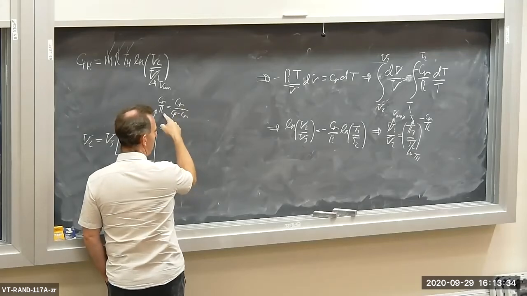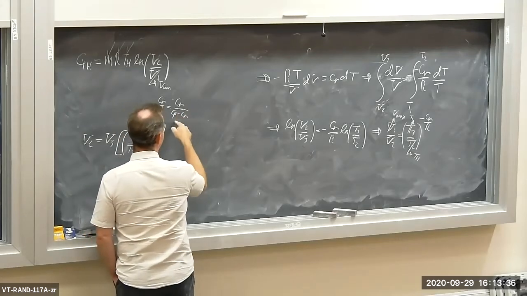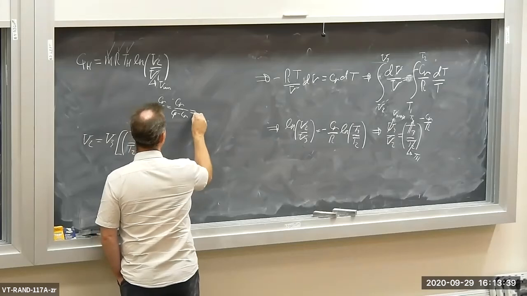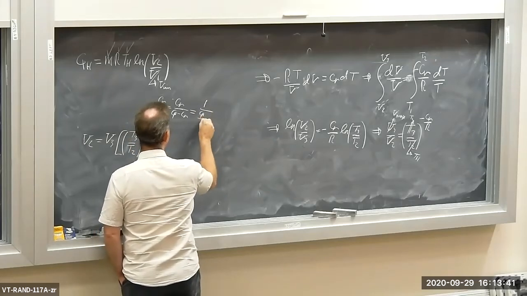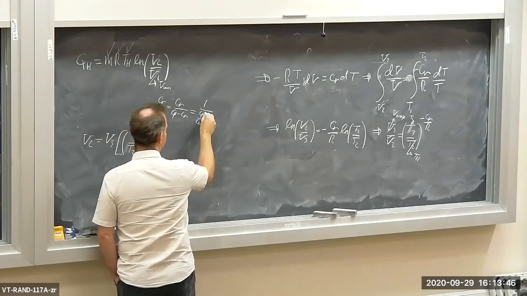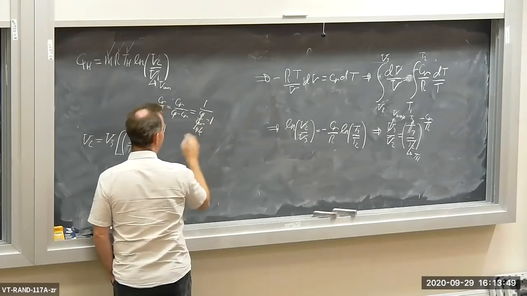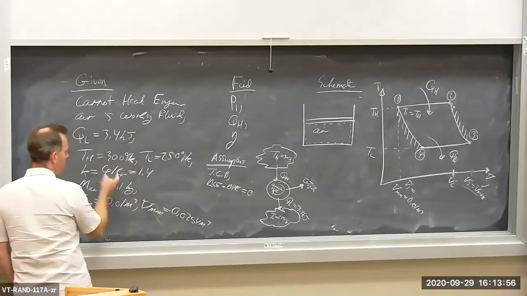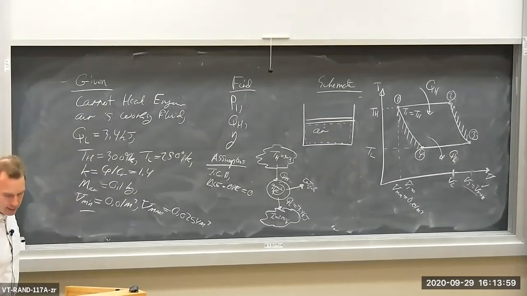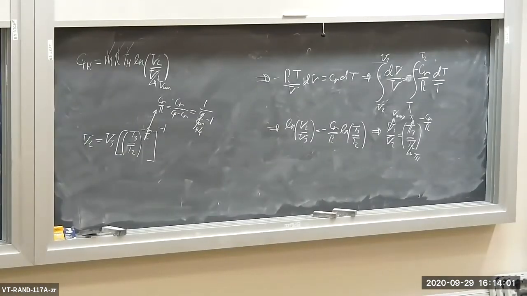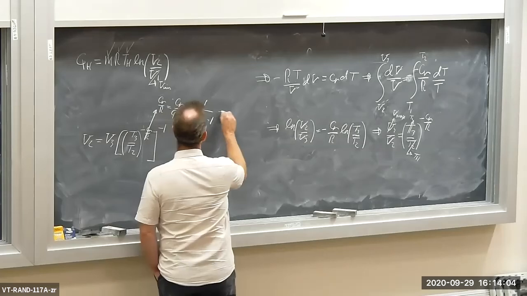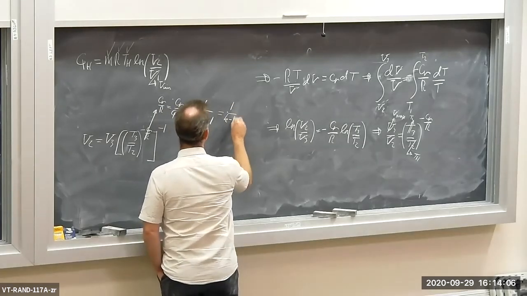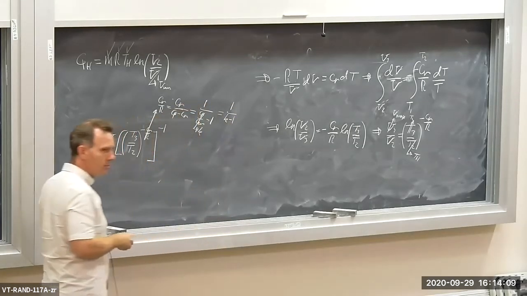Now I'm going to divide top and bottom by CV, and so I get 1 over CP divided by CV minus 1. CP over CV is K, which I've defined previously in the givens as 1.4. So this is equal to 1 over K minus 1. Okay?